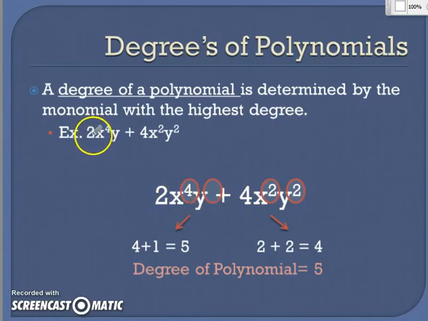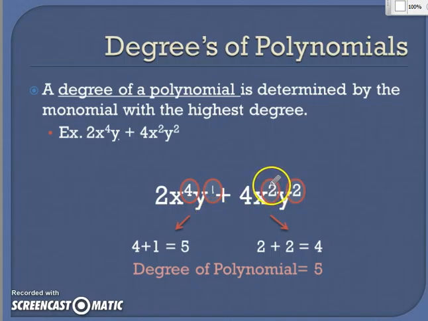So looking at this one, 2x to the 4th y plus 4x squared y squared. When you look at those exponents, again, this one didn't have a number. Think of it as being a 1 there. So our first term had a degree of 5 because 4 plus 1 is 5.